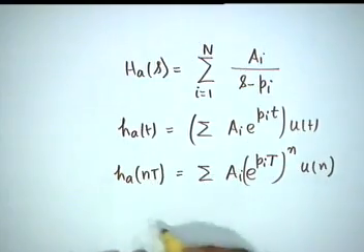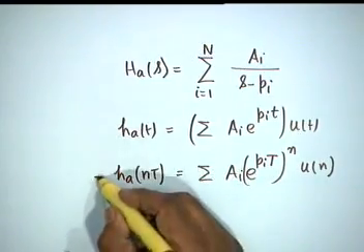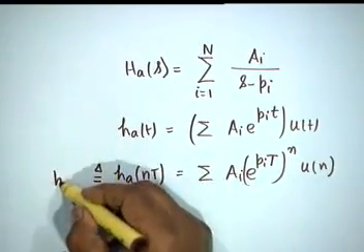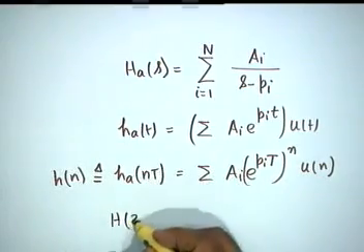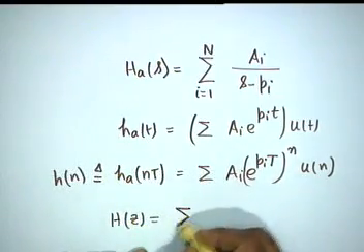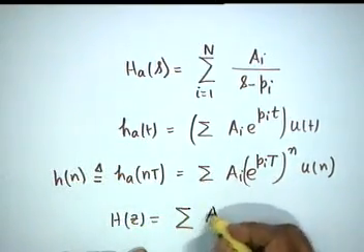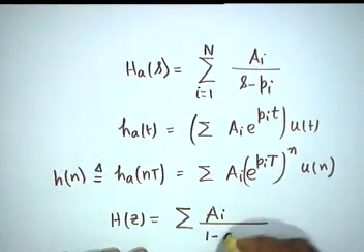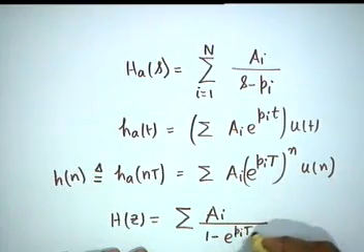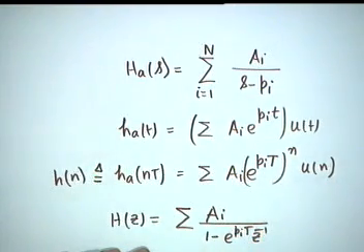I identify this as my h of n. So, my transfer function becomes H of z equal to the summation of A i divided by 1 minus e to the p i T z inverse, this is the z transform, i equal to 1 to N.